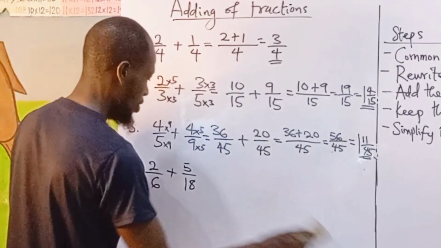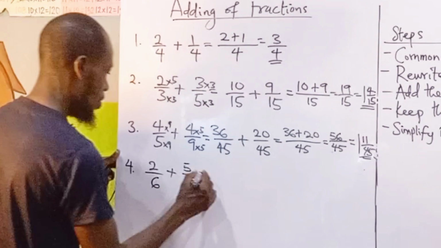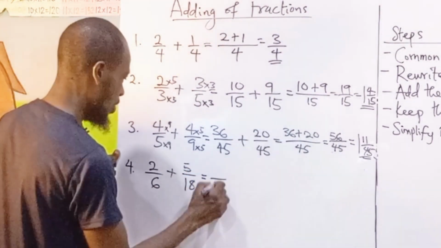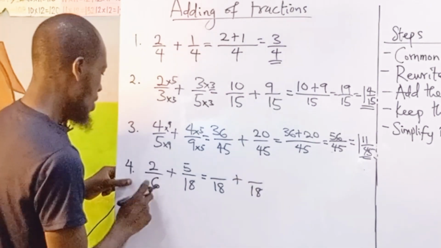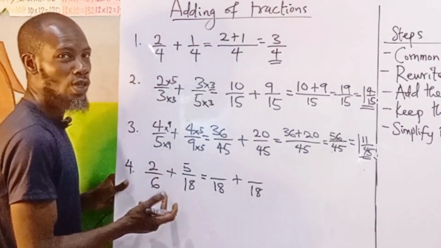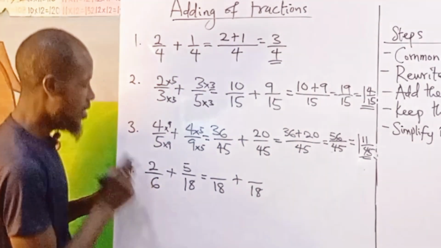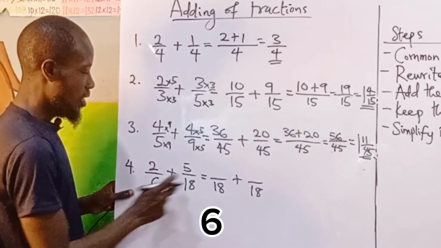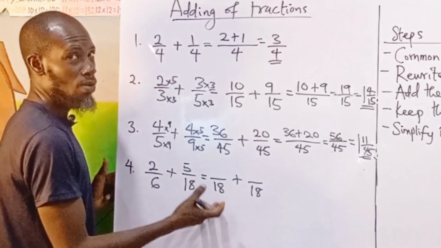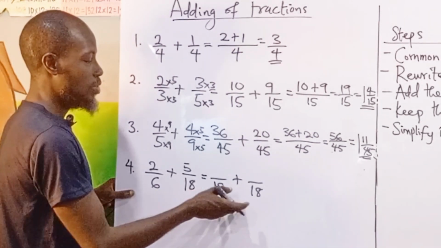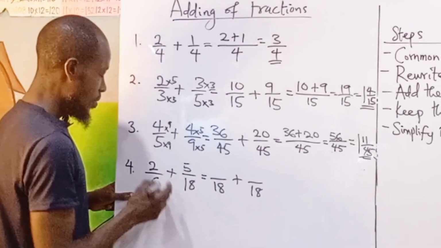We write the fractions in terms of the common denominator, so we have 18 plus 18. Now you think of what is multiplied by 3 to get 18, as we are working towards expressing them in terms of their equivalent fraction.